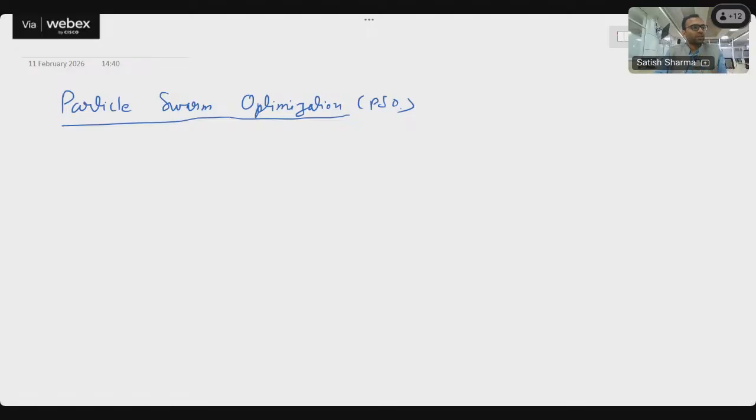Without going into much explanation, you can read about particle swarm optimization on Wikipedia itself. The natural evolution and everything, you can find it there. I will directly go to two very important formulas.